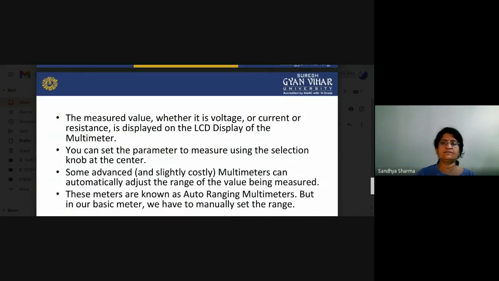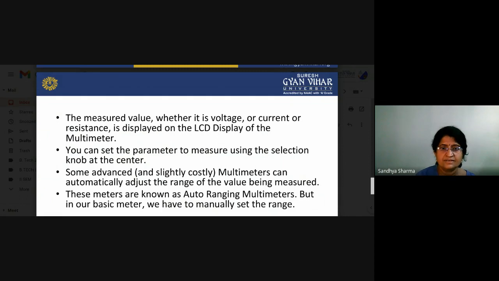The measured value, whether it is voltage or current or resistance, is displayed on the LCD display of the multimeter. You can set the parameter to measure using the selection knob at the center.